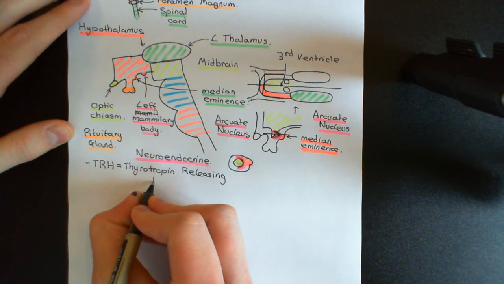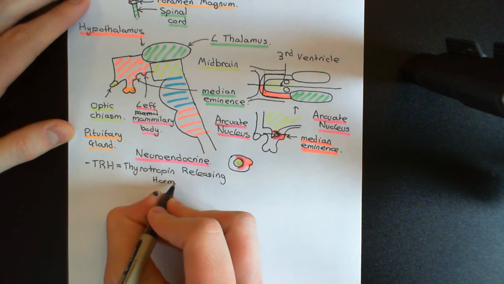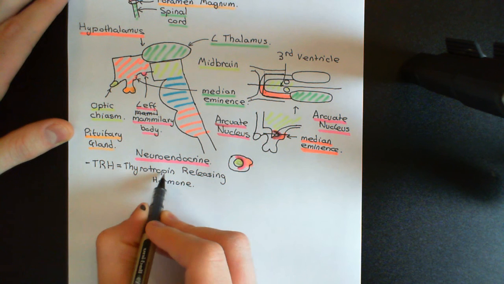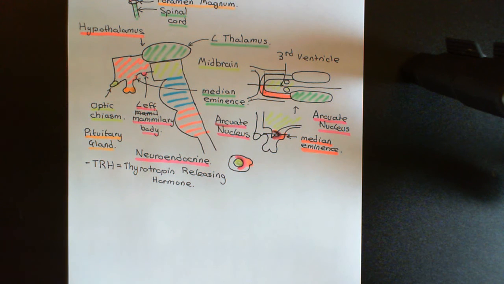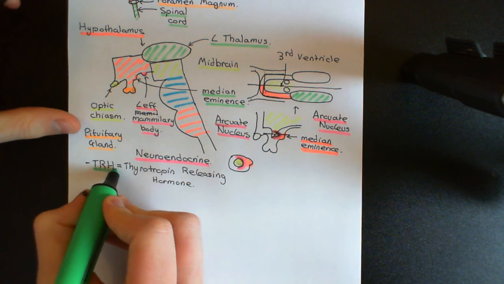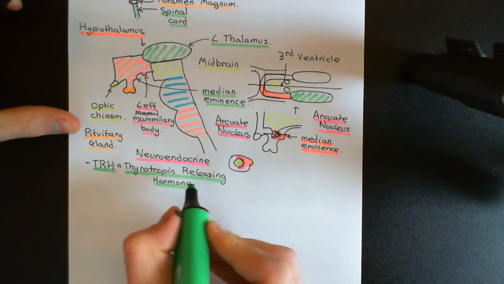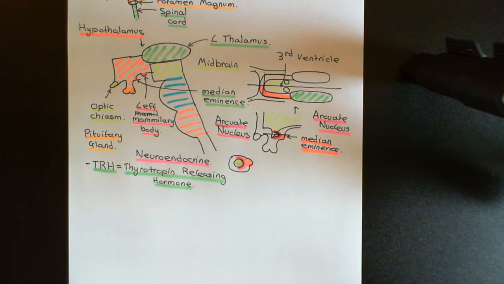And this is going to go down to the cells of the anterior pituitary and tell them to release thyrotropin, which is one of the names for the molecule that the anterior pituitary cells release to tell thyroid follicular cells to release T3 and T4. So thyrotropin releasing hormone is the molecule that the cells of the arcuate nucleus and the median eminence release to command the cells in the anterior pituitary.